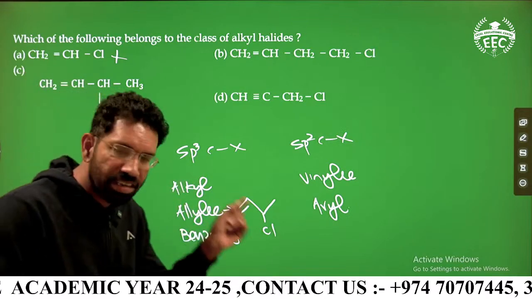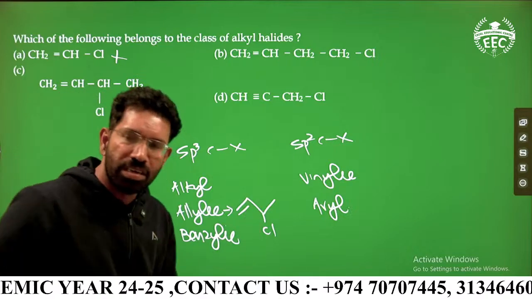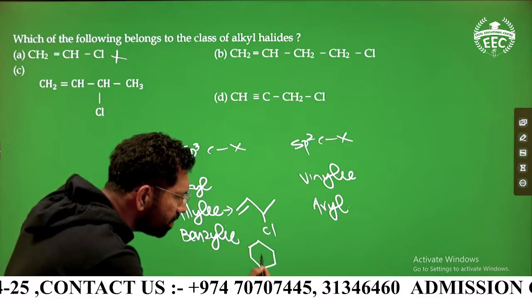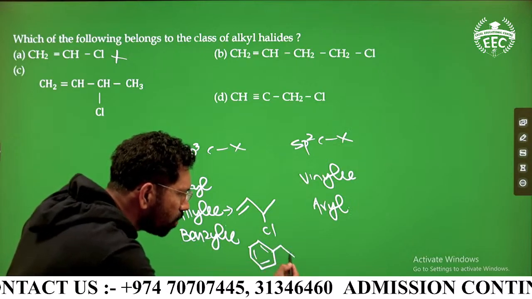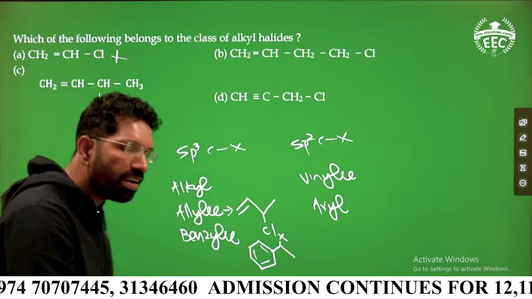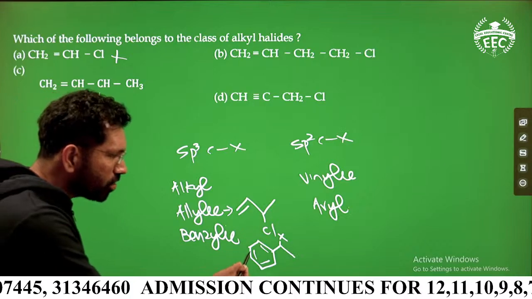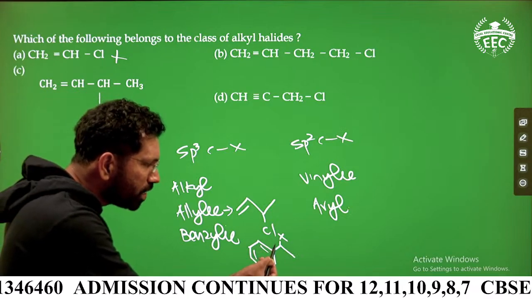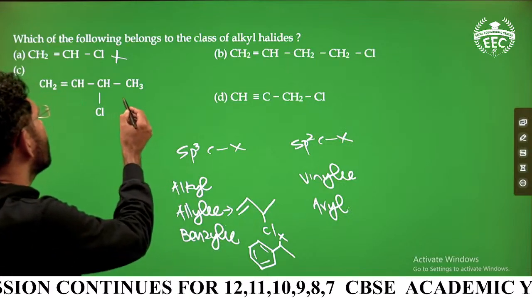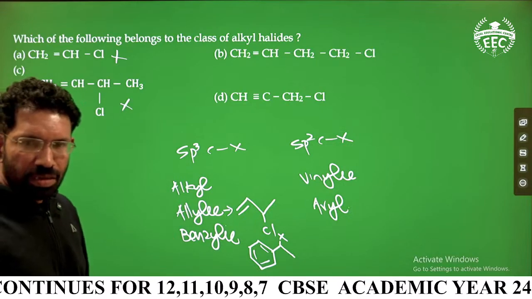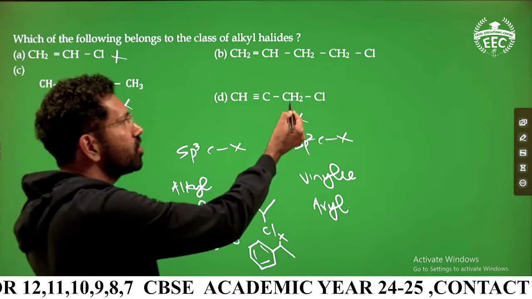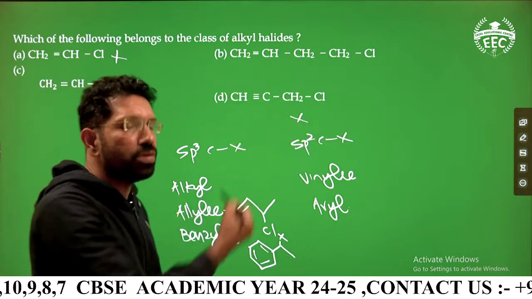In benzylic halide, the halogen is connected to a single bonded carbon next to the benzene ring. So this is allylic halide, we can avoid it. This is also a similar type, we can avoid it, because the halogen is connected to a single bonded carbon next to the triple bond.